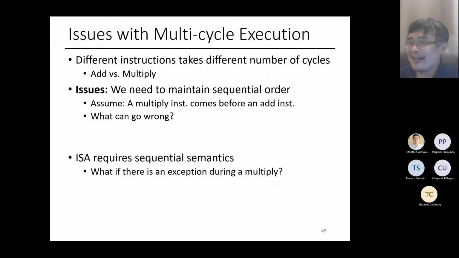Sequential ordering means that whatever I see in assembly, when I compile and it spits out some assembly code that the programmer can see, the effects of how it executes have to finish in that exact order, right? If I have an add and then a multiply, and internally you do the multiply first and then the add, what you need to make sure is that when you finish the write back, it goes back to the same order because the ISA requires sequential semantics, right?